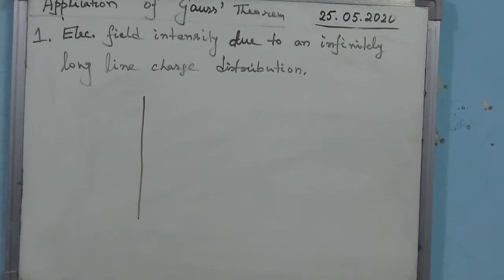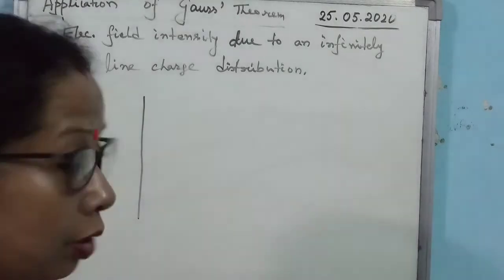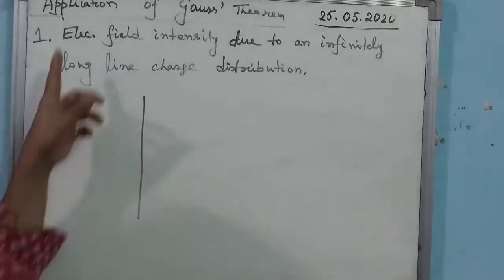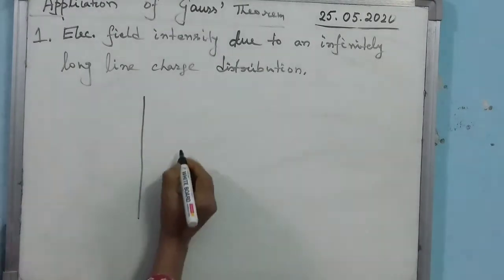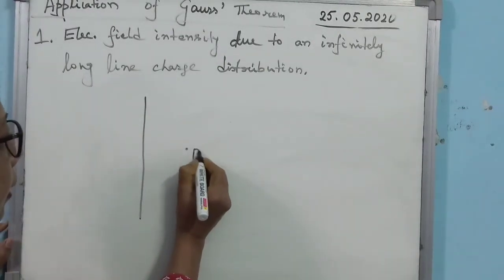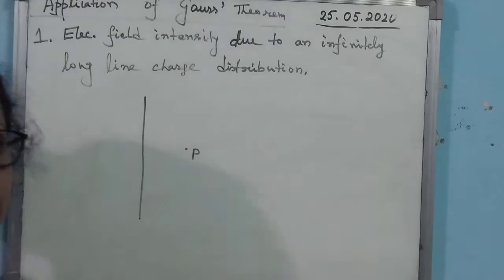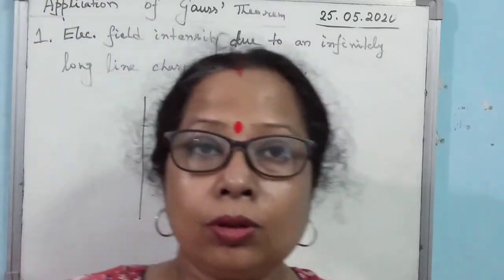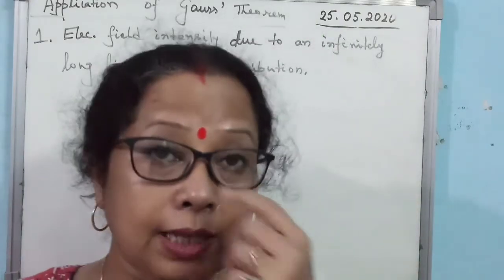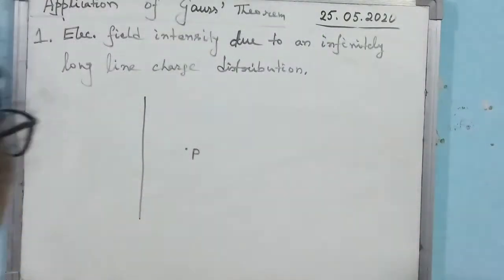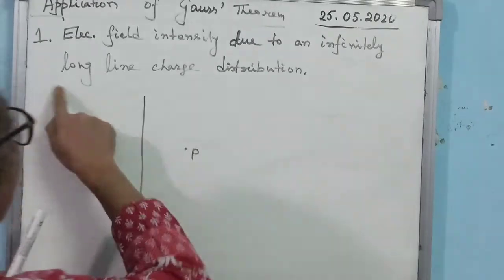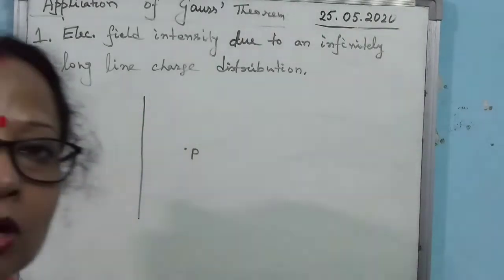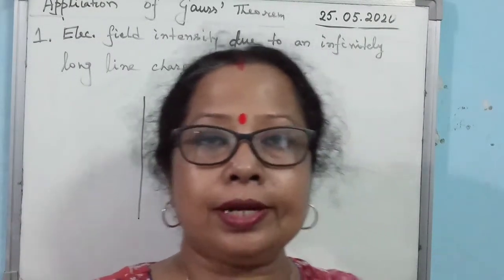Next is an application of Gauss's theorem. Now we will find the electric field intensity at a point due to an infinitely long charge distribution. Why infinitely long? Why have we not taken a line charge of definite length?